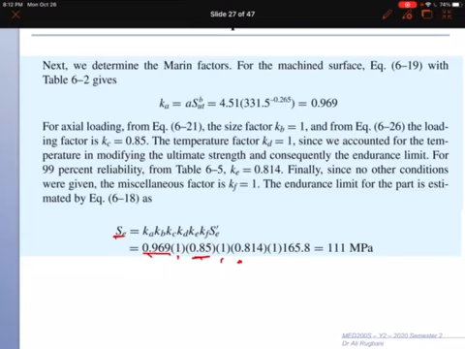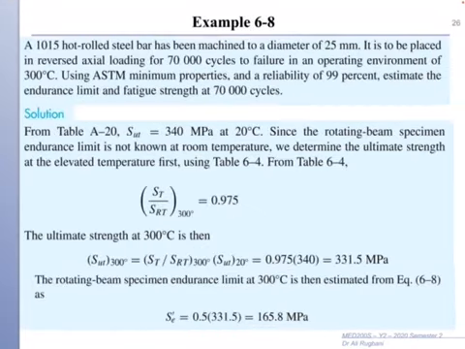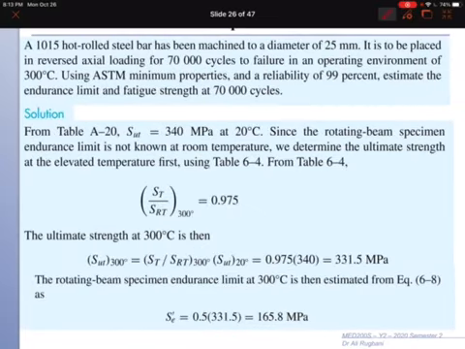The surface factor comes just from the name of the material. You see here it says hot rolled. From hot rolled you can go to the table for surface factor and calculate it. Also here we have diameter and we have the type of load. The type of load is axial.